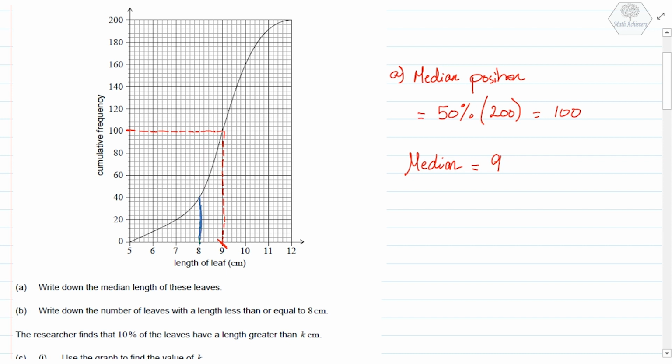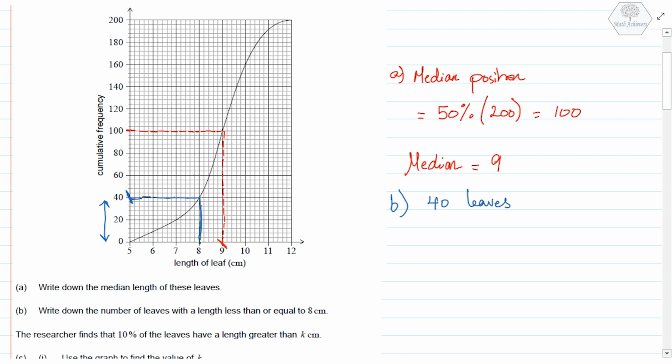And I go to the left so I can find out the number. I will find that from 0 to 40 leaves, they have a length less than 8 centimeters. So for part B, I have 40 leaves.